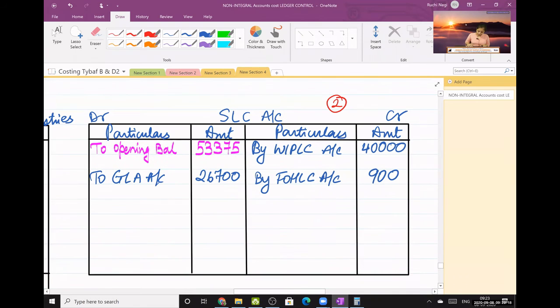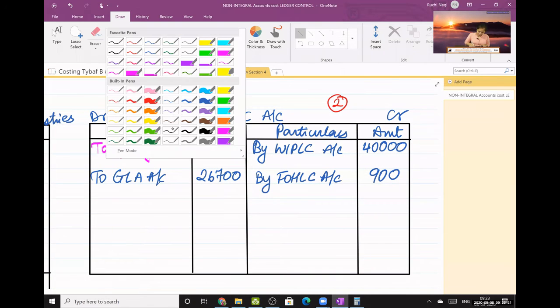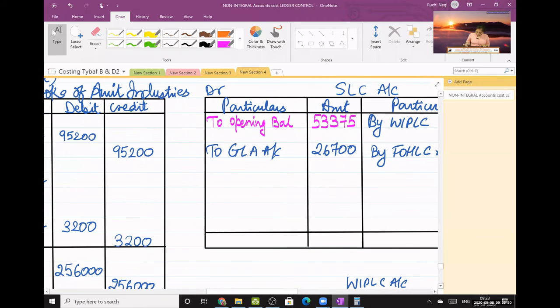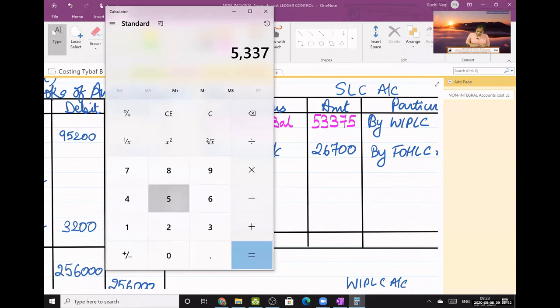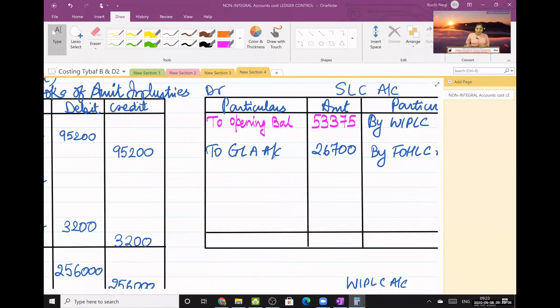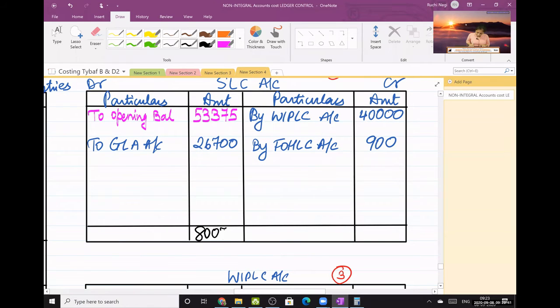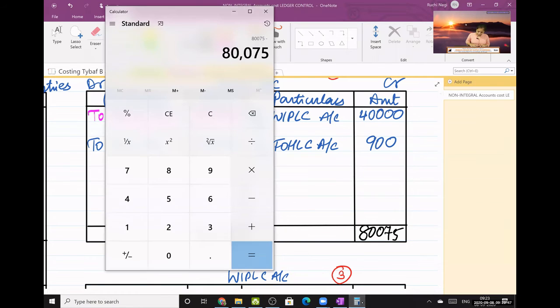Let us do the closing for SLC. $53,375 plus 26,700, 80,075. So right here, 80,075, 80,075 minus 40,000 minus 900.